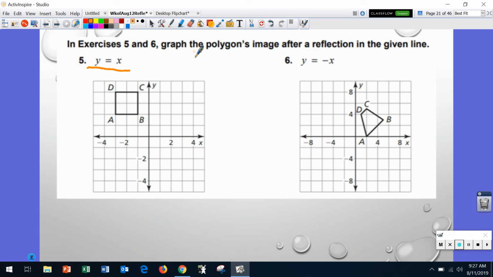Now you're lucky with this because you can draw the line if you want to, but there is a rule for y equals x that you need to make sure that you memorize. So for y equals x, all it tells you to do is to switch x and y. To switch the position of x and y.